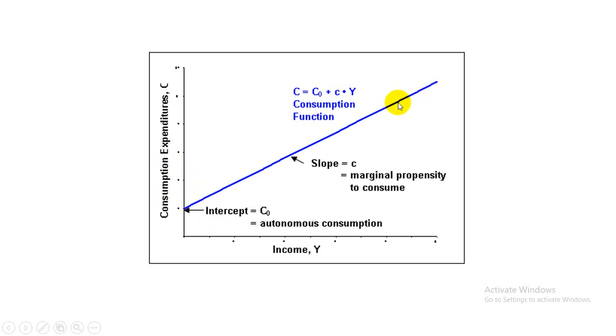And similarly, this is a constant line, a linear relationship, so this proportion remains the same, either from 1000 to 2000 or from 9000 to 10,000. The marginal propensity to consume remains the same for different individuals.